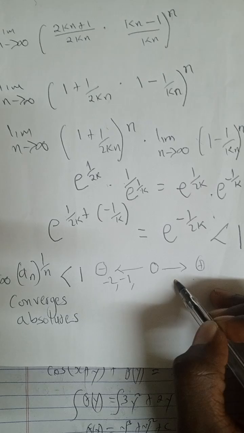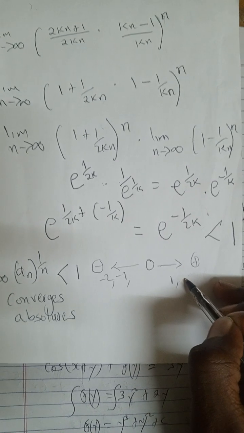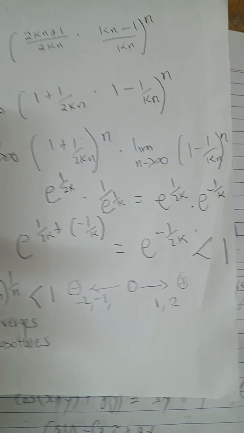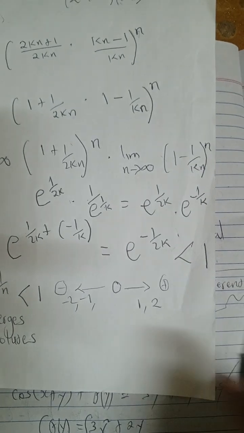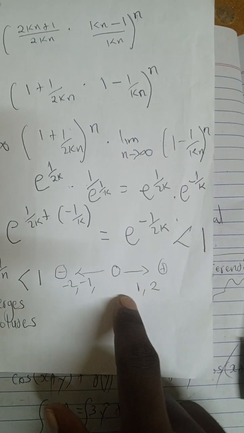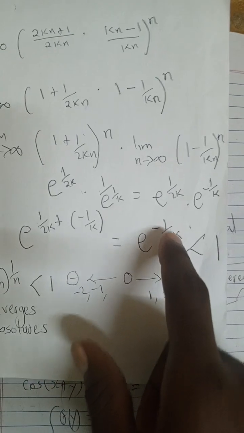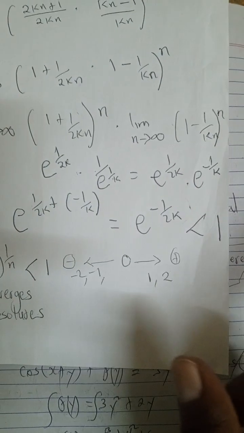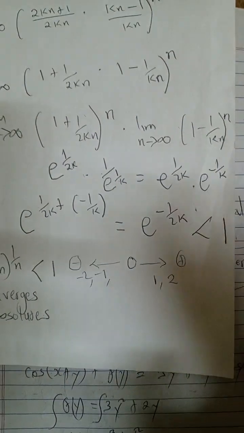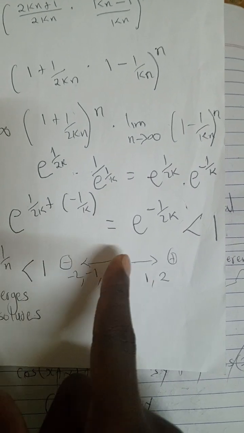Then for this side, I'm going to pick 1 and 2. Now, how we are going to do it is, I'll start by plugging k for 1 and k for 2, and I'll see how it is going to behave. Either it will be greater than 1 or less than 1. Then I'll come and do the same for this side.